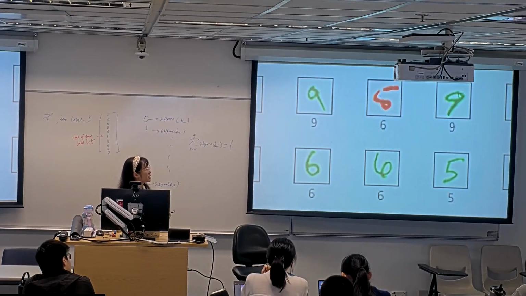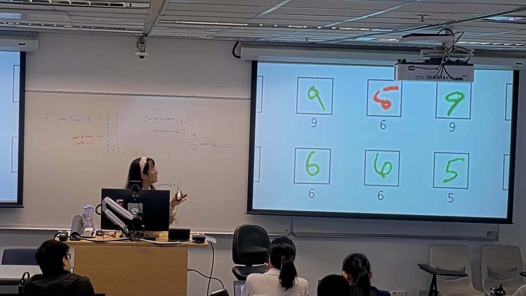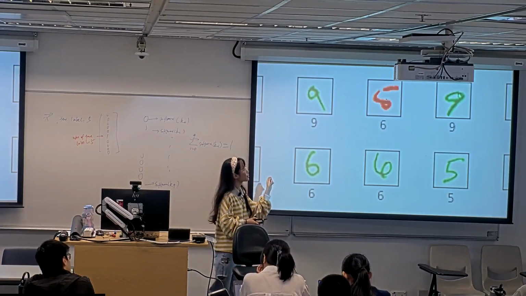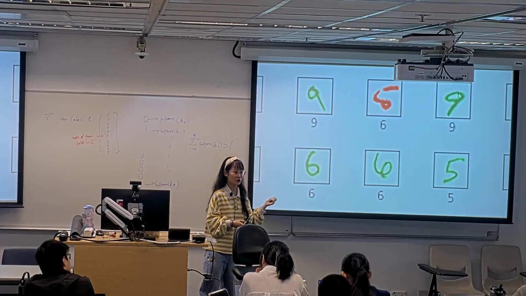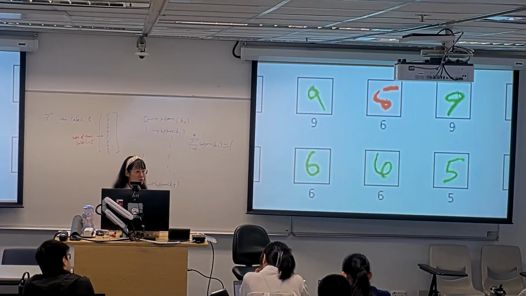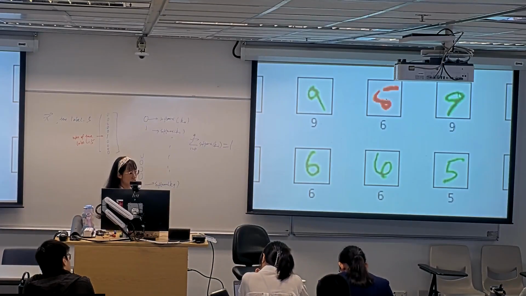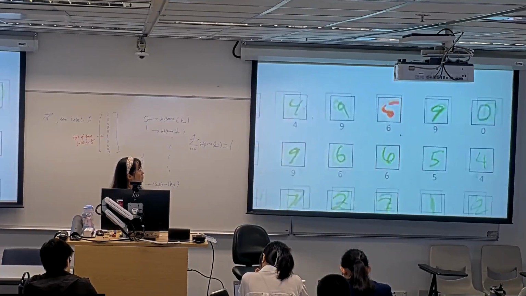The classification is 6, so our model thinks this digit is 6, but actually it's 5. But as we can see, this is because the handwritten digit itself is very confusing, right?